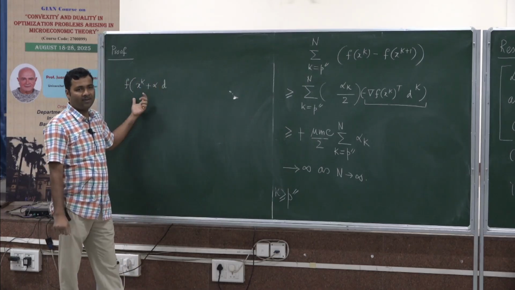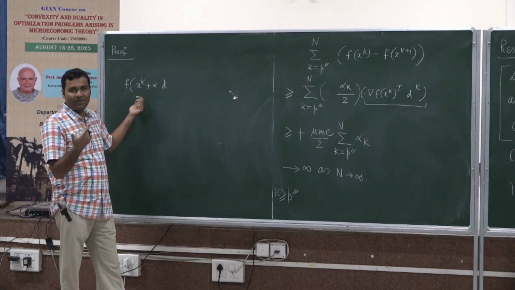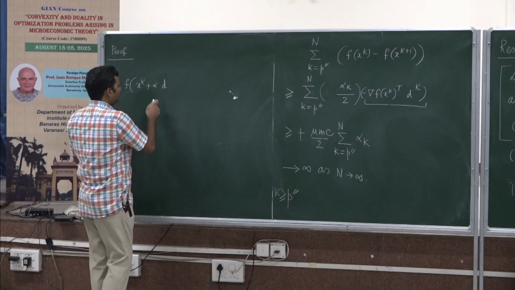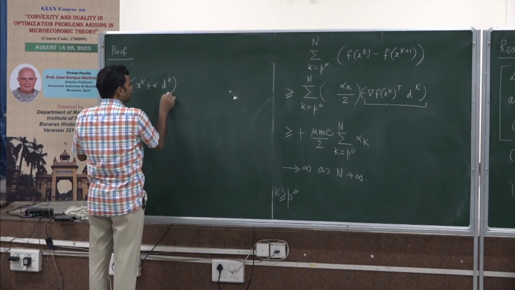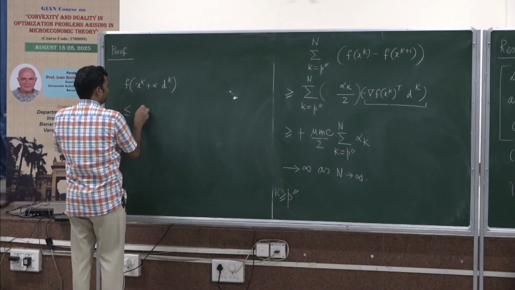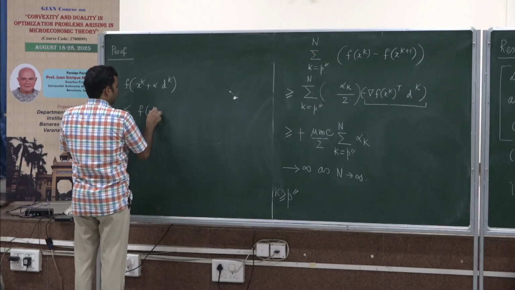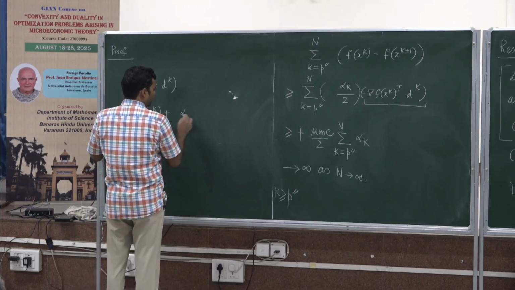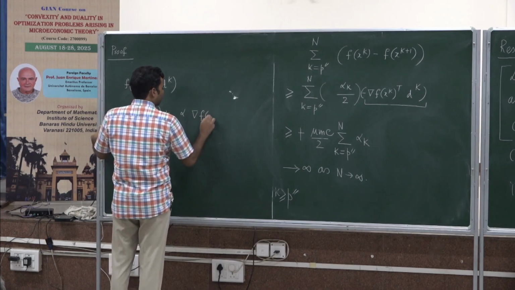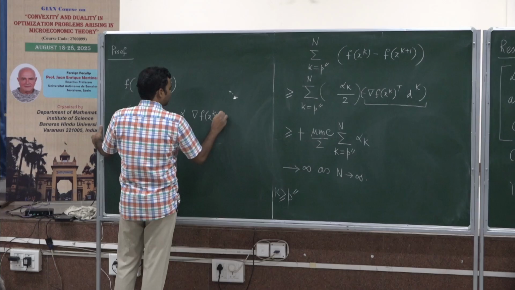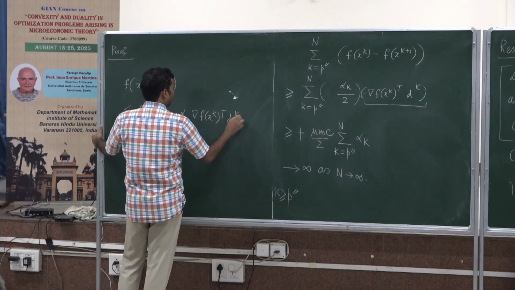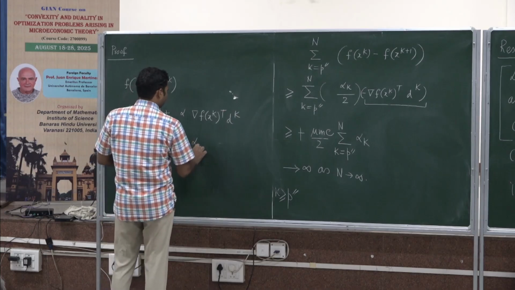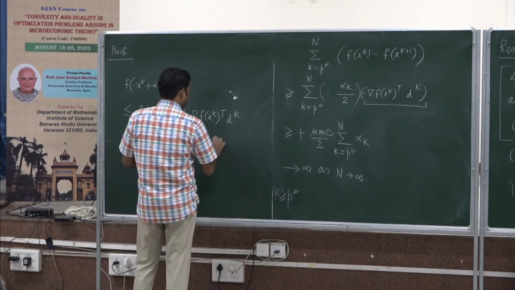For any value of alpha you take, that inequality will be true, and f of xk plus alpha dk will be less than or equal to f xk plus alpha times gradient f xk transpose dk plus L by 2 alpha square norm dk squared.